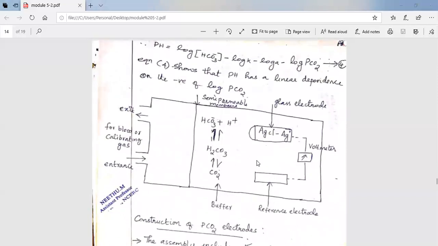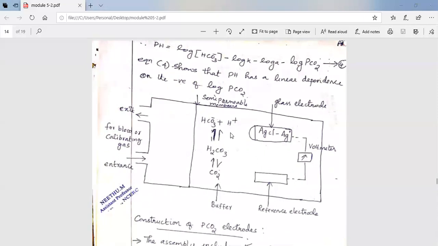Okay. Next comes the construction of the PCO2 electrode. As shown in the figure, the assembly includes two chambers, one for the specimen and the second for containing a pH electrode. The pH electrode is bathed by a solution of NaCl.